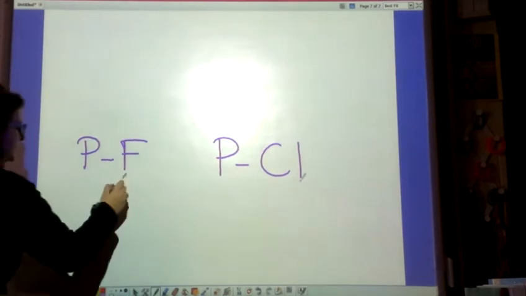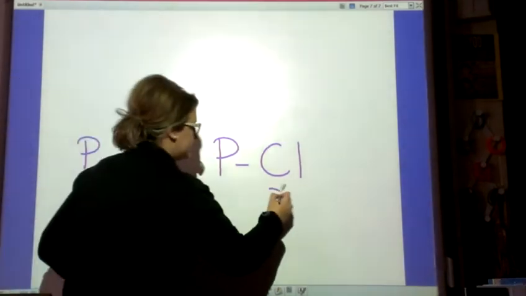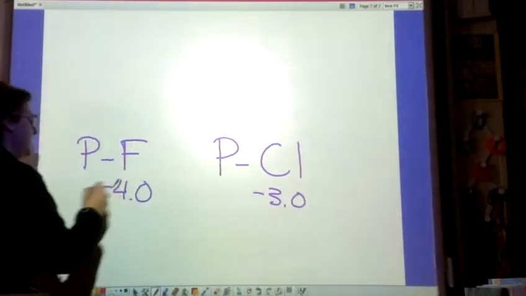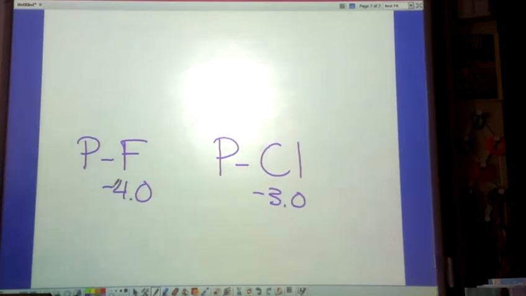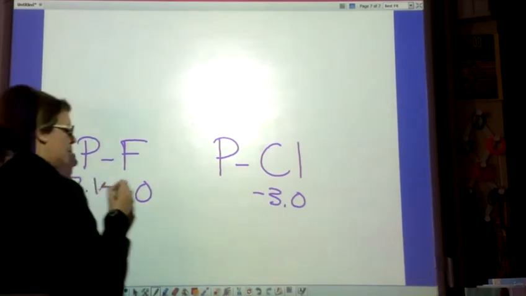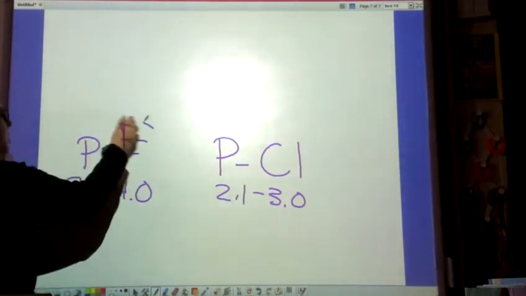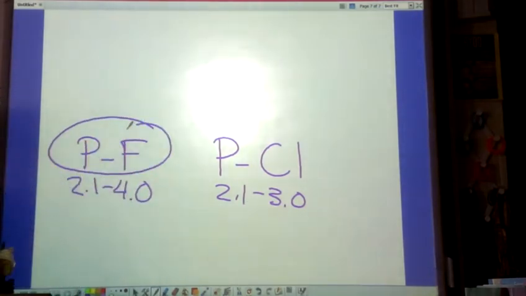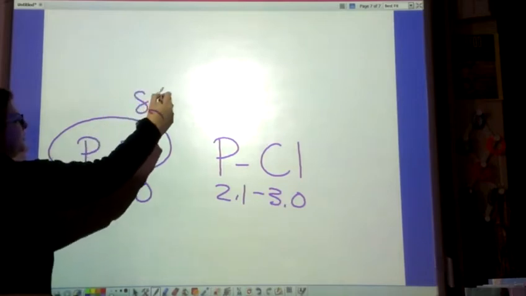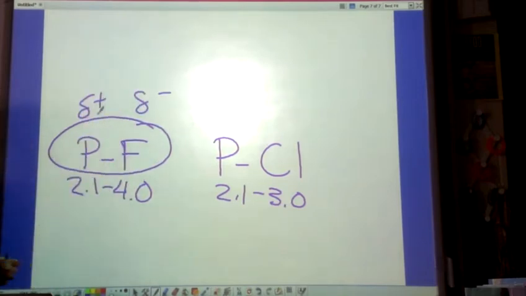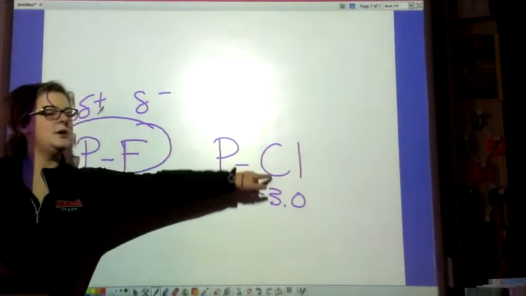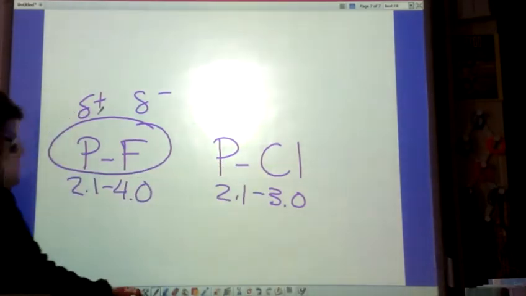We know that fluorine is 4.0, chlorine is 3.0, and phosphorus is 2.1. So just based on those electronegativity differences alone, PF is going to be the more polar bond. Fluorine is more electronegative, so let me give it the delta negative. Phosphorus will get the delta positive, and it would be the same situation with chlorine for the next one.